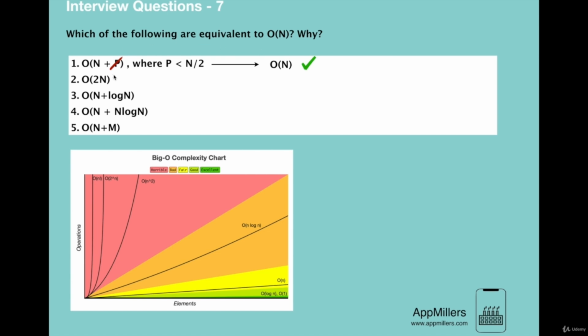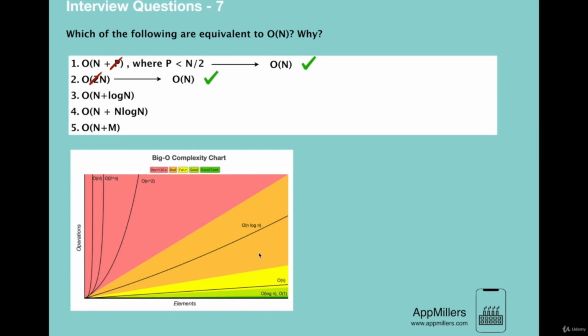So the second one is quite an easy one, because here we just need to drop the constant. The constant is 2. If we drop it, this becomes O(n), which is the answer that we are looking for. Now the third one. Here, our Big O complexity chart might be useful, because we need to identify which one is the dominant term, O(n) or O(log n).